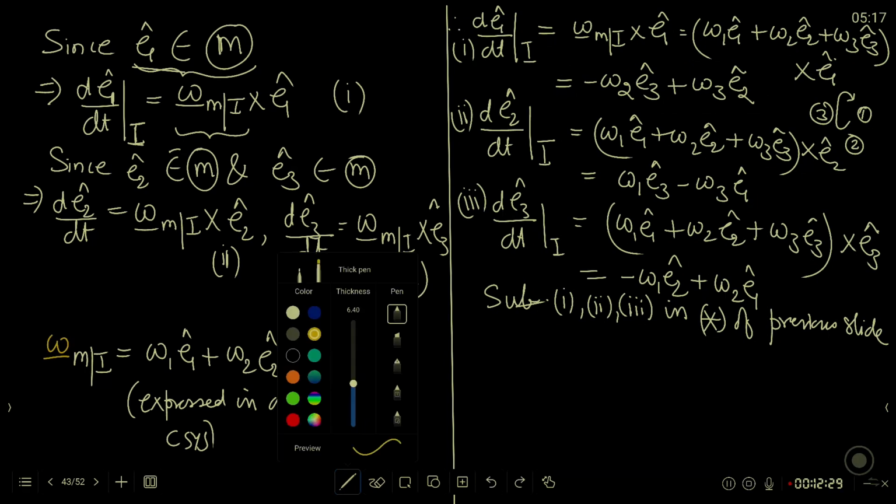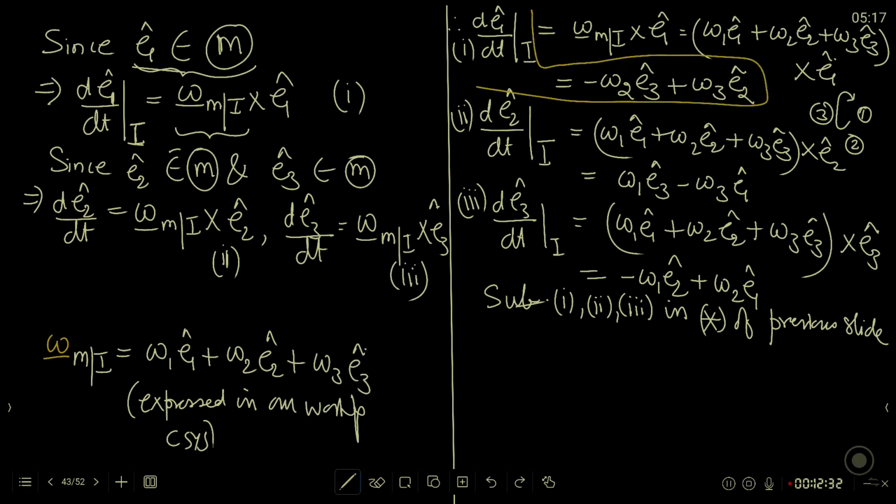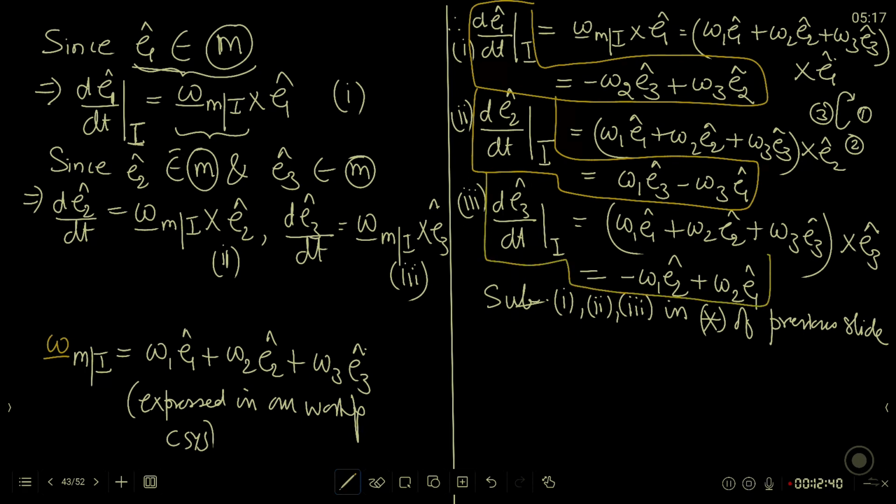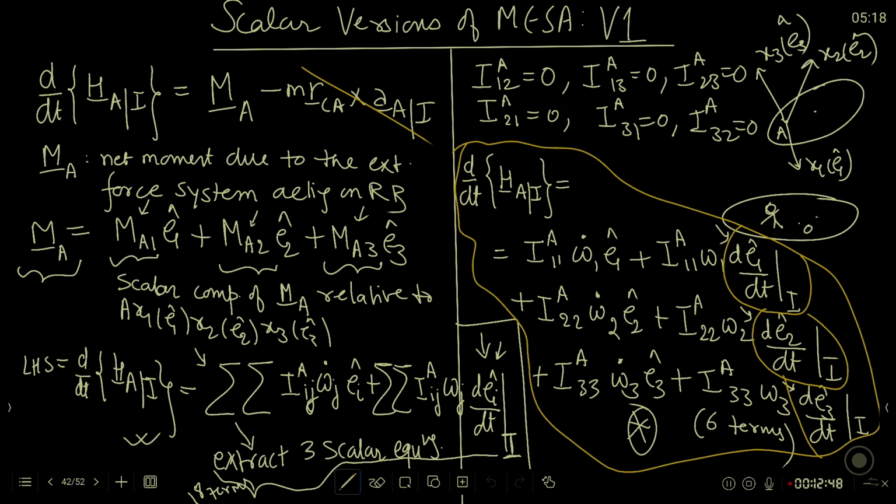Substitute this and this. Take these three, go back here and plug in here, here and here. After this substitution, if we collect coefficients of E1 together, then E2 together and E3 together, we are going to get the final form that I am trying to derive.